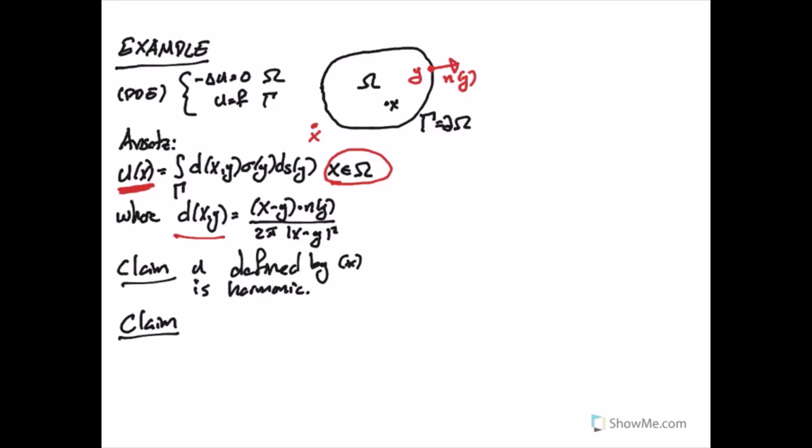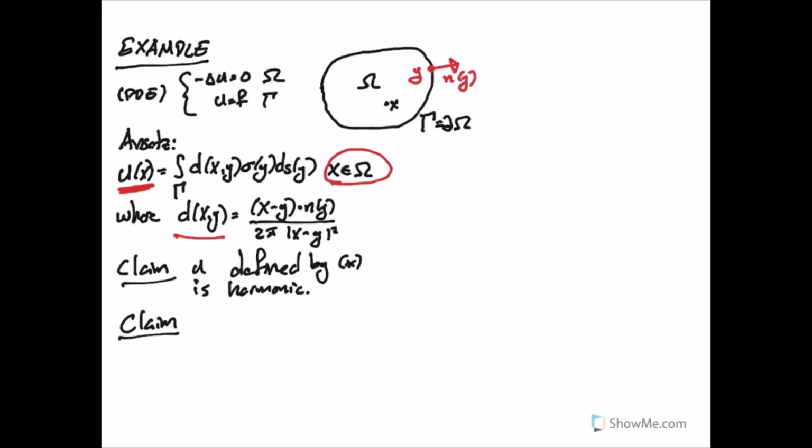But the limits of the two values, if x approaches the boundary from the inside or from the outside, are different. They have different limit values. There's a discontinuity there, and if you take an x that's actually on the boundary, you get a third value. So there is some trickiness here.